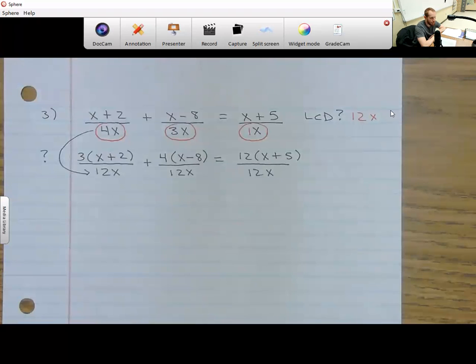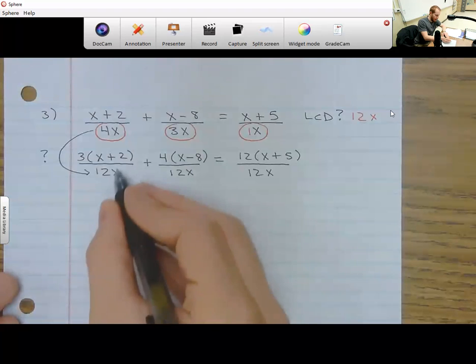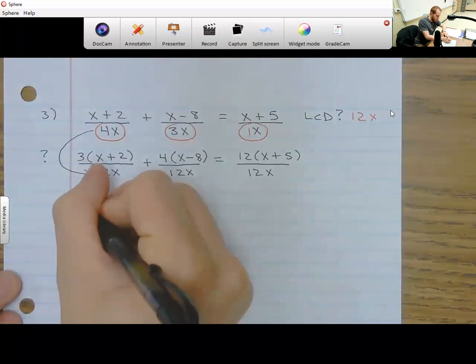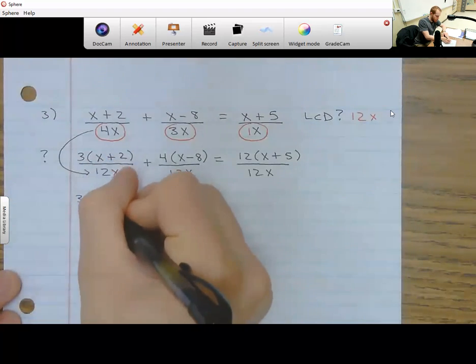So I can actually lift the numerators off the fractions that they're on. So let me show you how I do that. I'm going to pretend like the denominator doesn't exist at this point. So the top for this one is 3 times x plus 2.